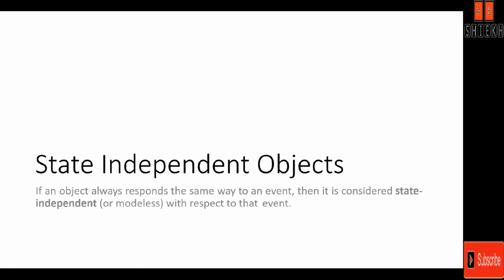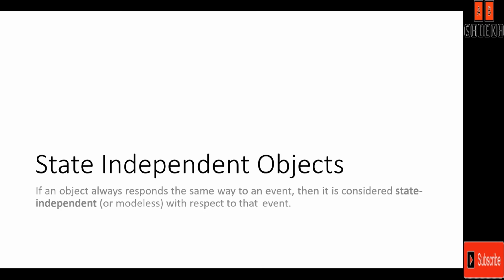State independent objects. If an object always responds the same way to an event, then it is considered state independent, or in other words, a modeless object with respect to that particular event. So for example, if an object receives a message and the responding method always does the same thing, the method will typically have no conditional logic.